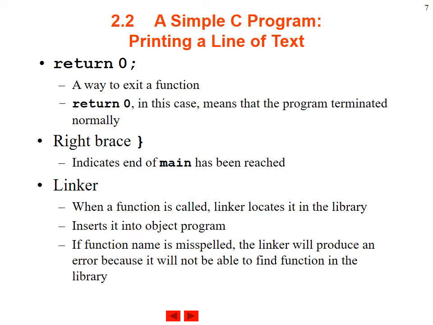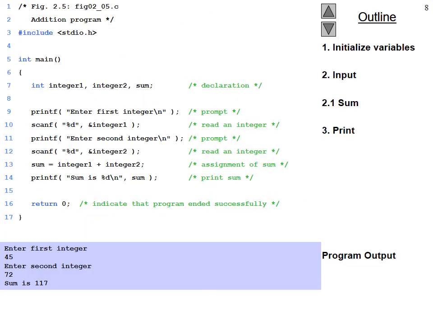If you misspell the name, then there will be an error because the linker will not be able to find that function in the library. Let's say you just write print, then it will not find it because in the stdio header file, there is printf and not print, right? Then let's look at another example.